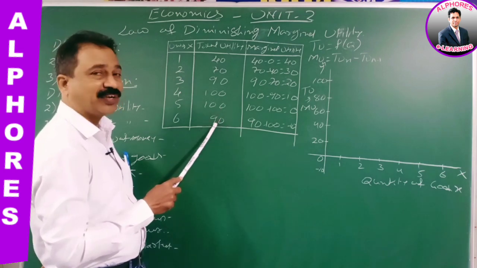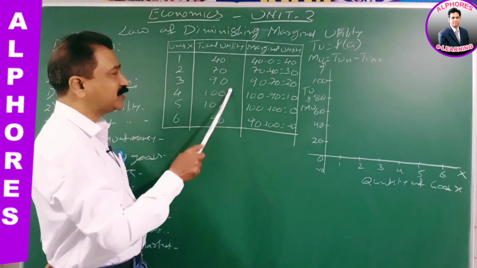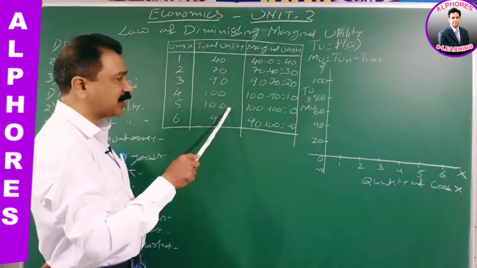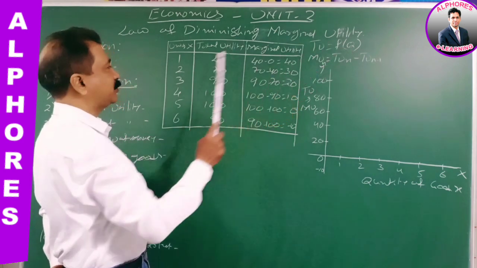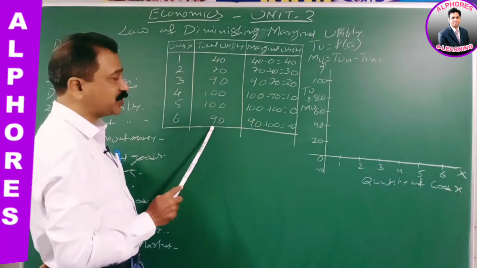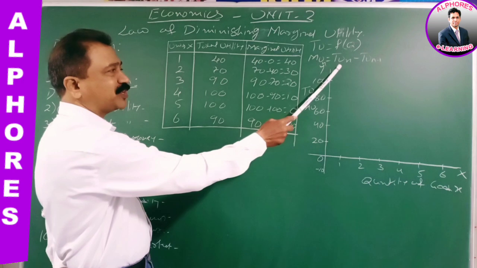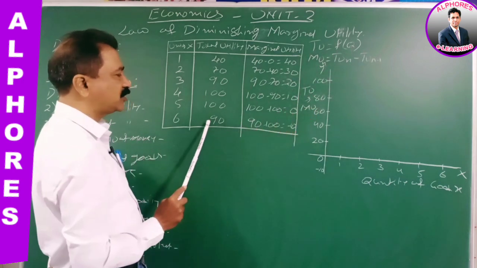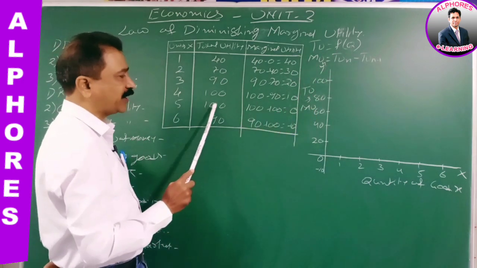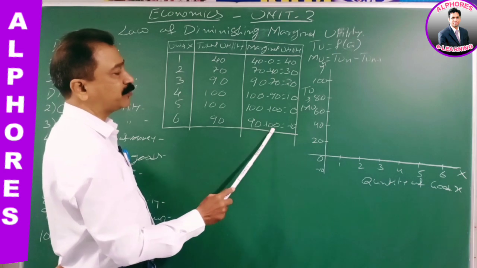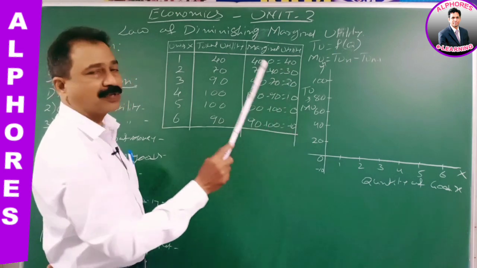It started decreasing. Total utility increases, becomes constant and decreases depending on the quantity. But see, how do you get the marginal utility? Total utility of present, total utility of previous. What is the present? 90. What is the previous? 100. 90 minus 100. What is it? Marginal utility becomes minus 10.